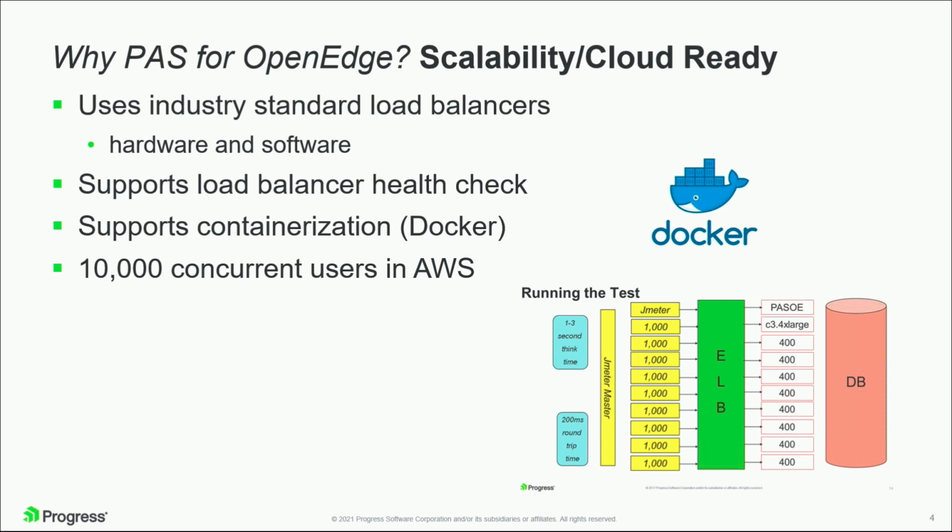And for the same reason, PASOE supports containerization, so Docker. PASOE was the first product to be added as a Docker container out there for the world to use, again, making it more cloud ready and scalable.